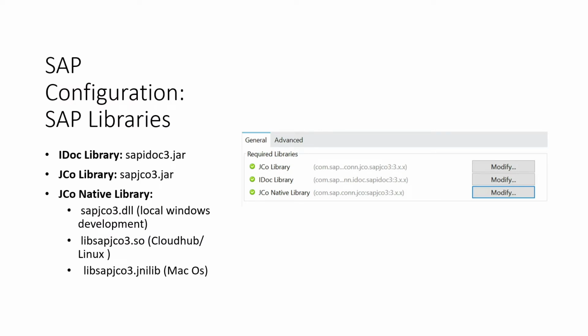From now on, we will discuss how to configure the SAP connector. In this page, we see the SAP Java connector libraries. These three jar files are required to import in all the SAP config. These jar files are available to be downloaded from SAP website, but it requires SAP ID.